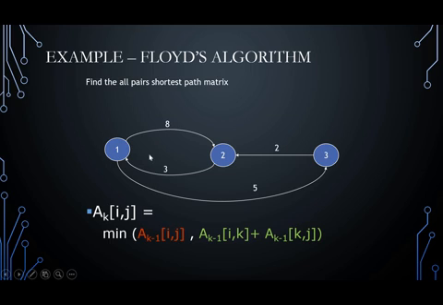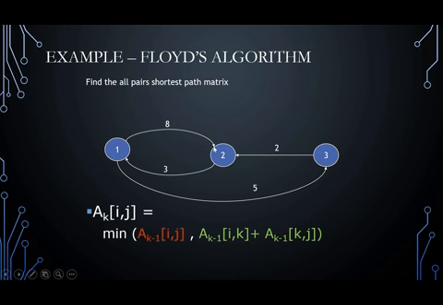So here, just have a look. From 1 to 3, the direct path was 5. Let me consider 1 to 2. From 1 to 2, the best distance in the cost adjacency matrix was 8, because it was considering only the direct path. But when I consider 1 as the intermediate node, there is no change in 8.